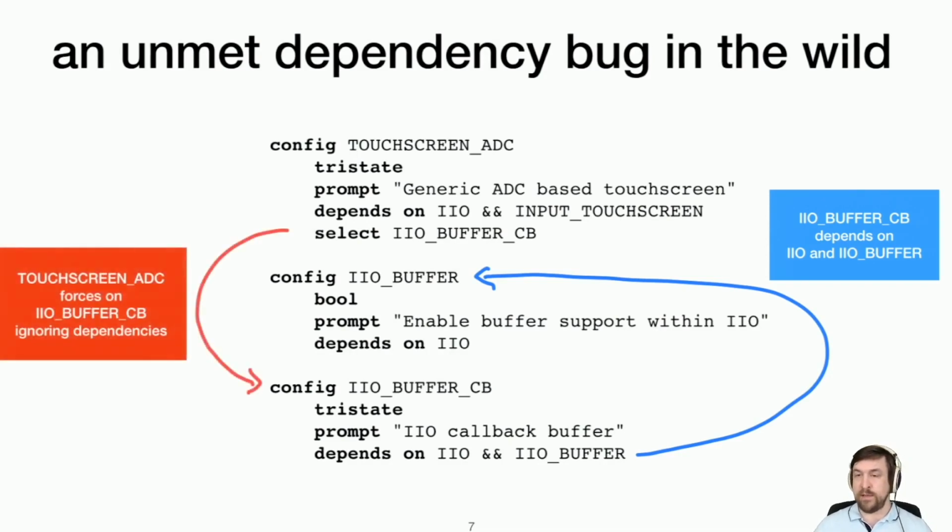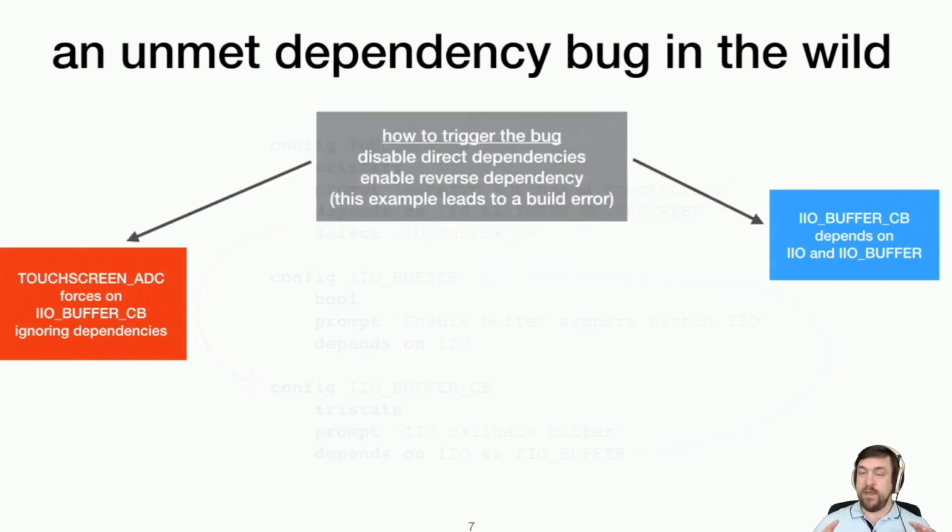But touchscreen can force enable IIO buffer CB. So if this reverse dependency caused by the select forces IIO buffer CB to be enabled, but IIO buffer's direct dependencies aren't enabled, then we have the potential for a broken build.